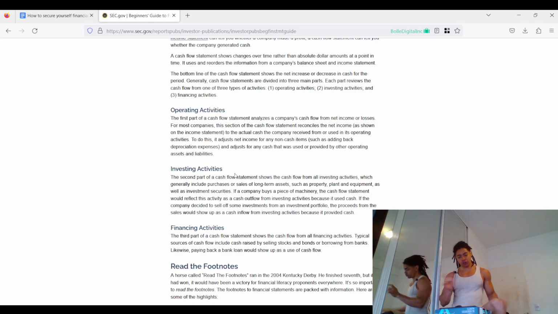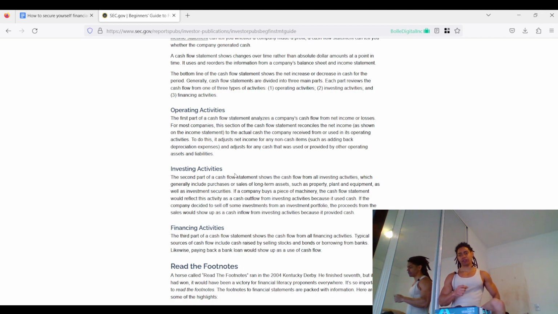The way it does that is it adjusts the net income for any non-cash items that affect the income statement where there is no cash involved, for example, stock-based compensation, amortization, or depreciation. Also, it adjusts for any cash that was used or received for other operating assets and liabilities.